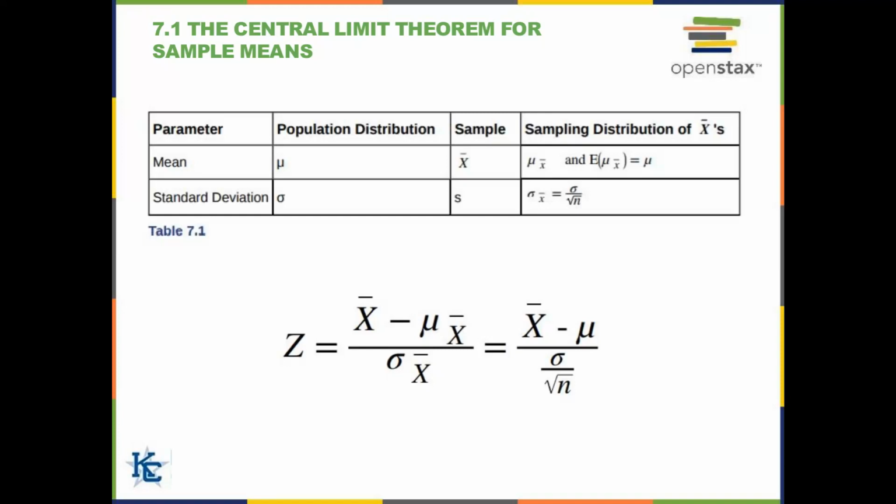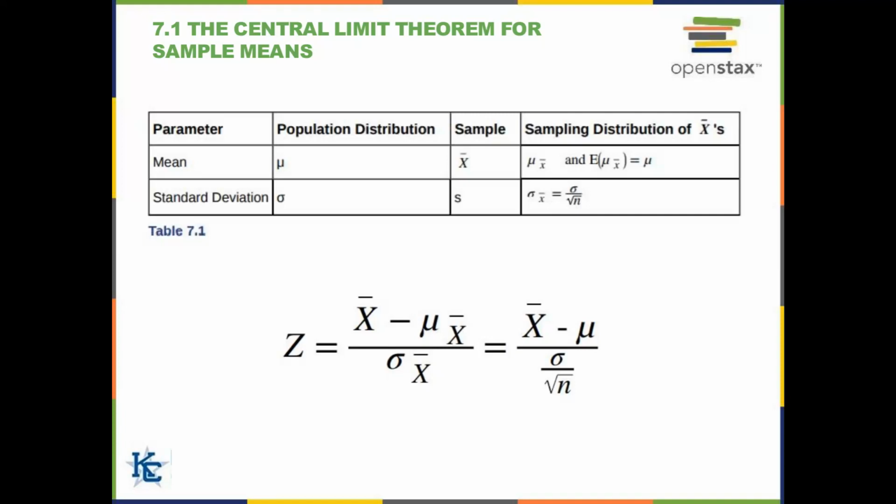So here are just some parameters. So we have our mean, which is mu if you're talking about the population, or x bar if you're talking about the sample, and then the standard deviation, which is sigma if you're talking about population, and s if you're talking about sample.